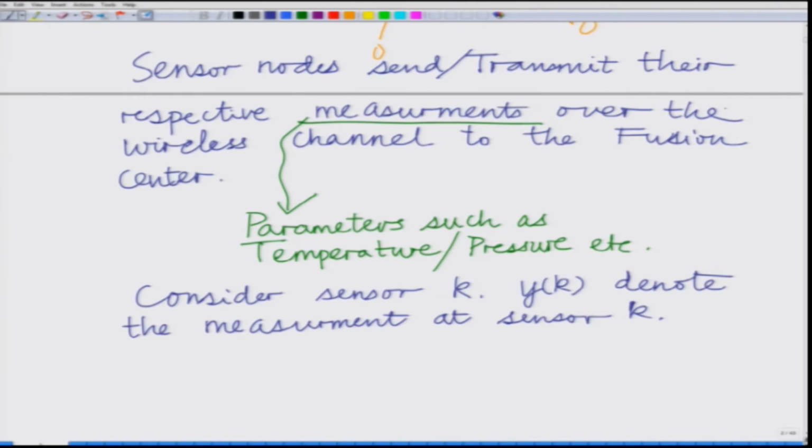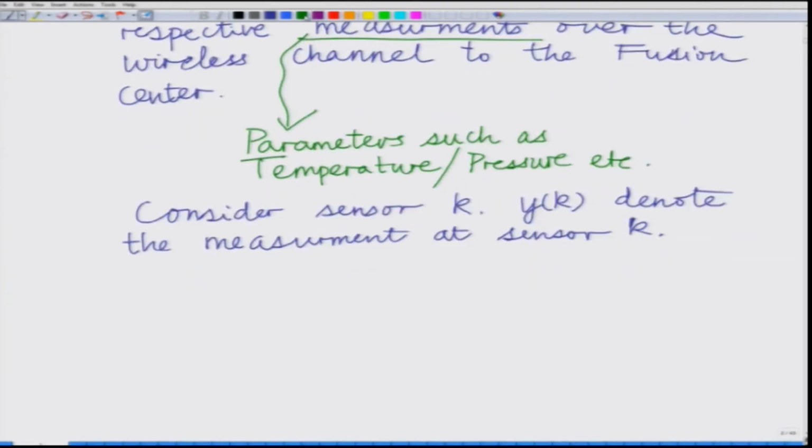Now, Yk can be modeled as, and this is a simple model frequently employed to model this measurement process, Yk equals h plus Vk.